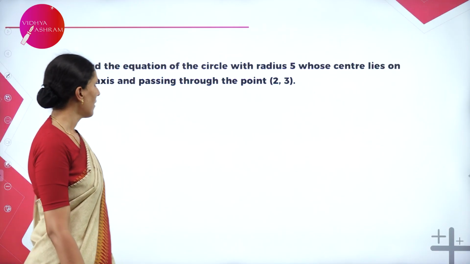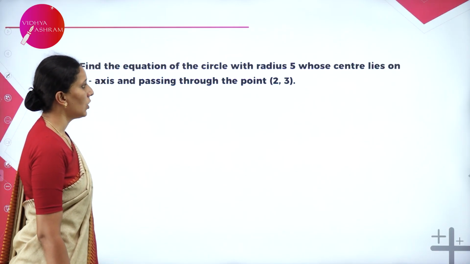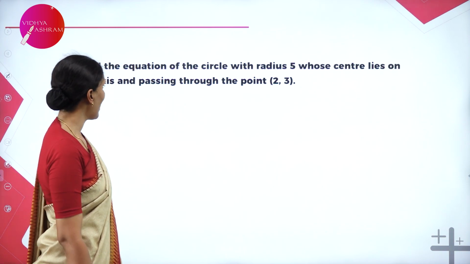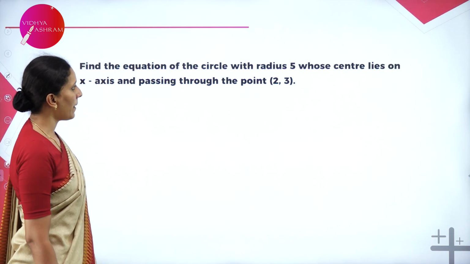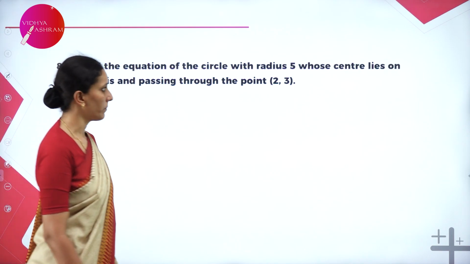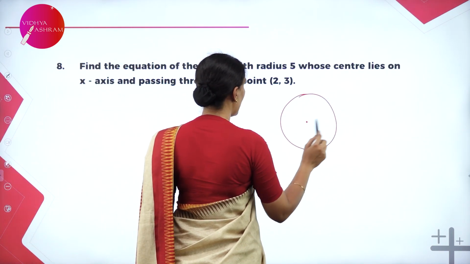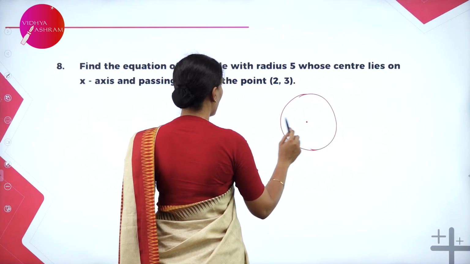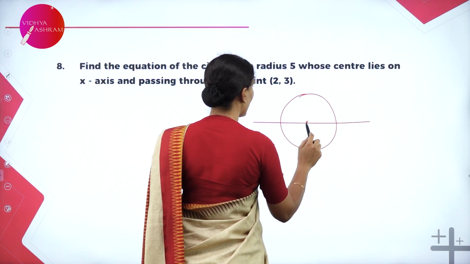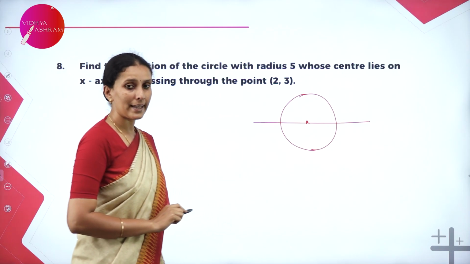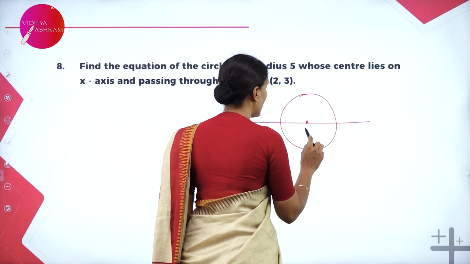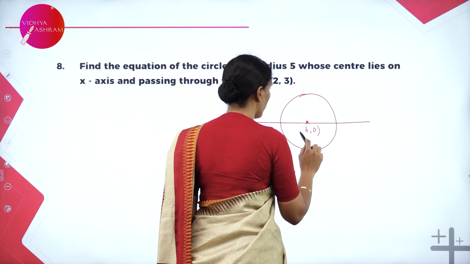The next one is find the equation of the circle with radius 5 whose center lies on the x-axis and passing through the point (2, 3). So the radius is given. The center is also given, that is, it lies on the x-axis. Any point on the x-axis means the center will be of the form (h, 0).